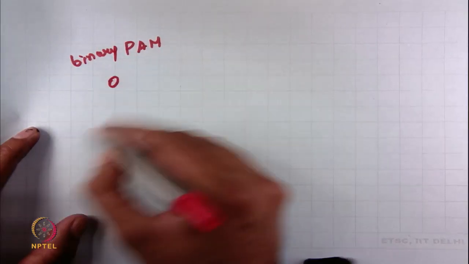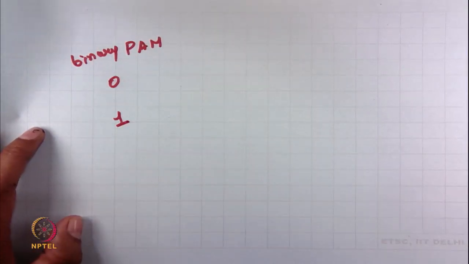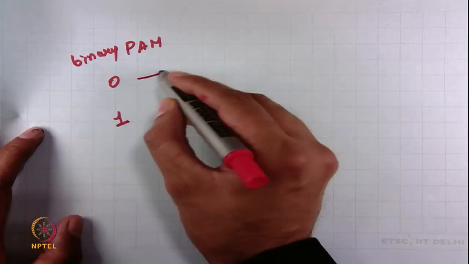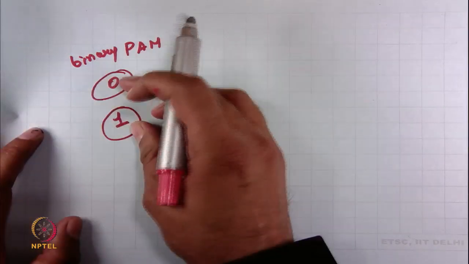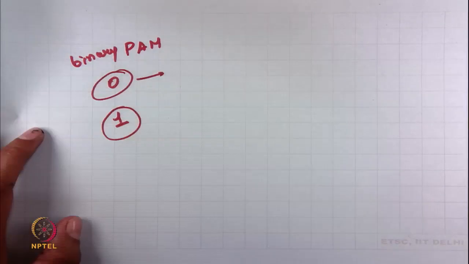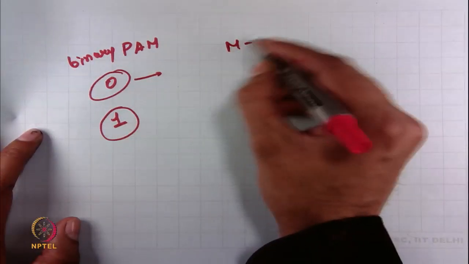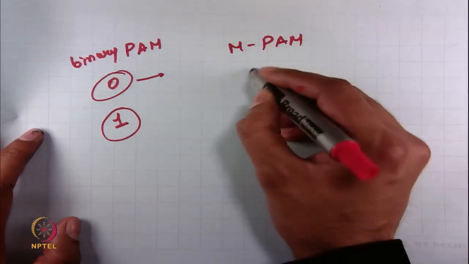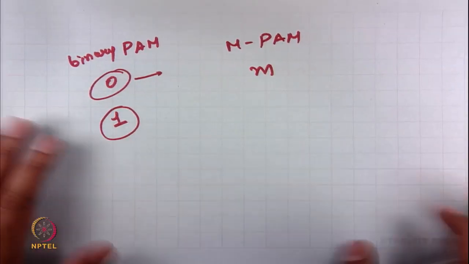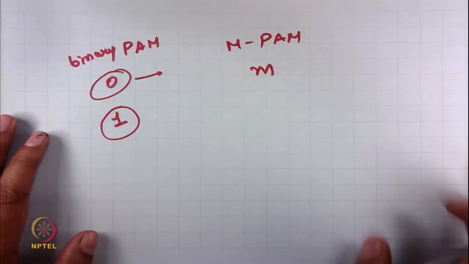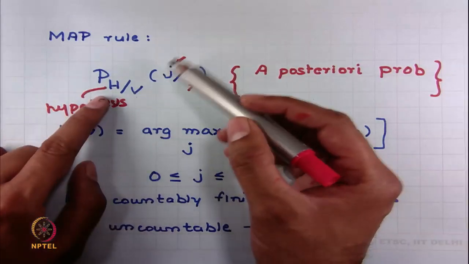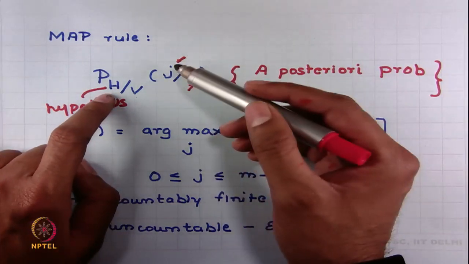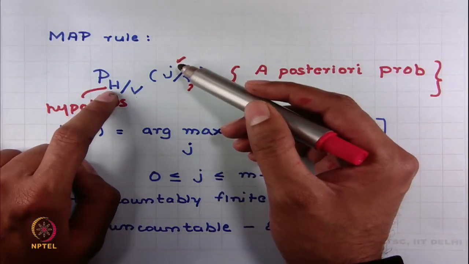Either you can transmit 0 or you can transmit 1. So, this is one hypothesis, this is the second hypothesis, the two hypotheses in a binary PAM. In M-PAM similarly, there are M possible hypotheses. That means the transmitter might have transmitted one of those M symbols. Transmission of each symbol corresponds to one hypothesis.